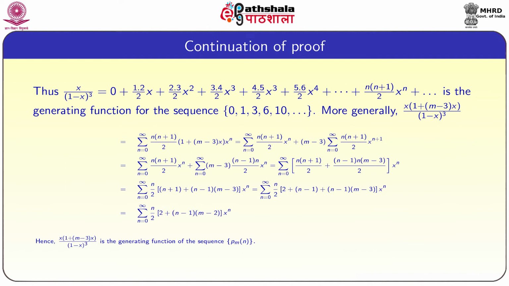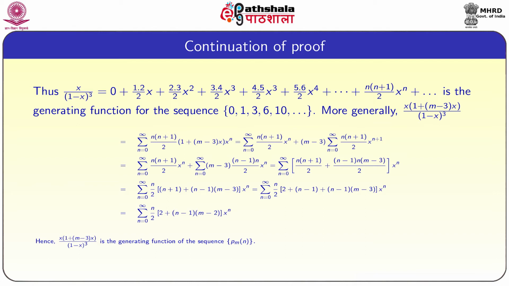So we are going to get summation n equal to 0 to infinity n into n plus 1 by 2 into x power n plus summation n equal to 0 to infinity m minus 3 into n minus 1 into n by 2 into x power n. Here we have done a little calculation. The modification which we did is that n into n plus 1 by 2 is now modified to n minus 1 into n by 2. Because of this we get x power n there.